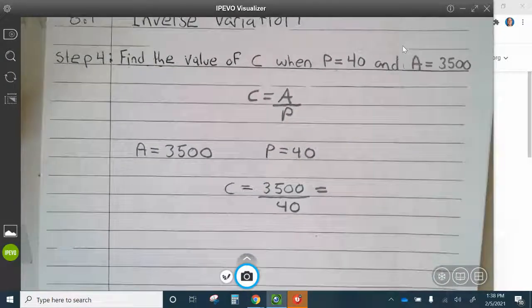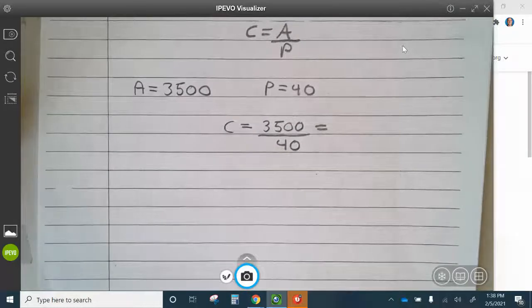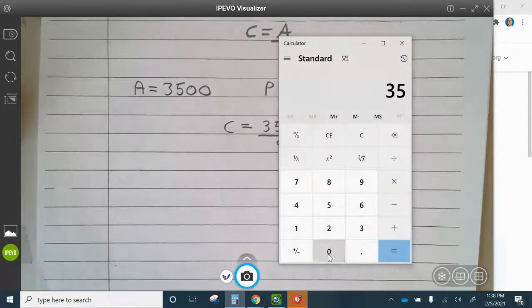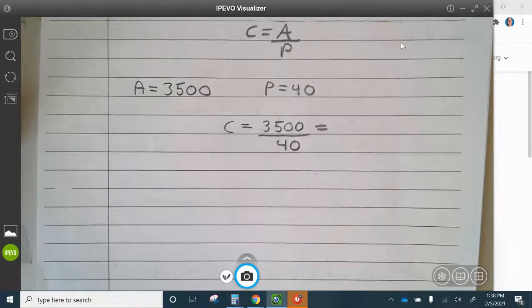Okay, so let's use our calculator. So 3,500 divided by 40 is 87.5.